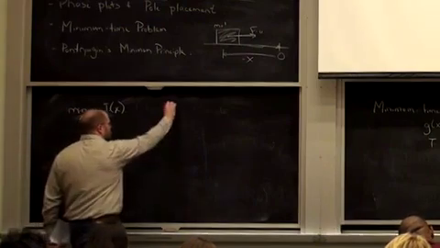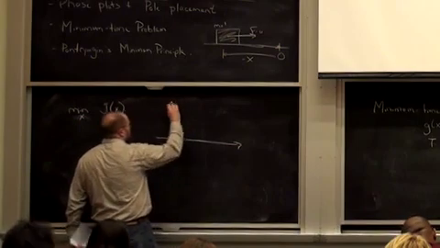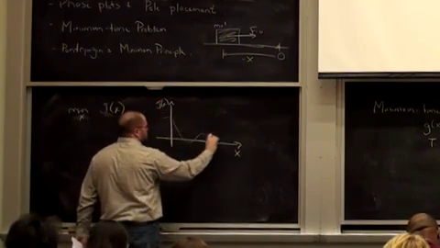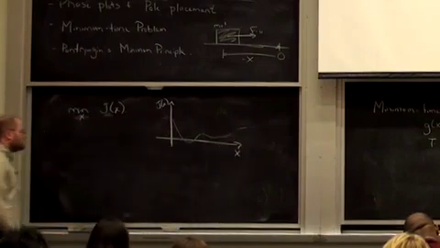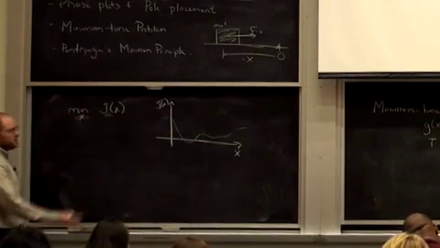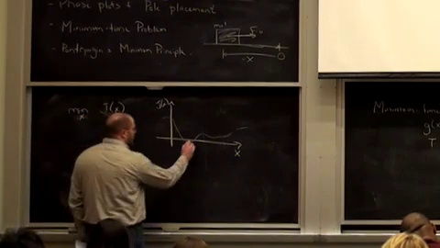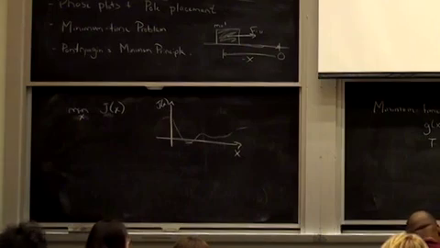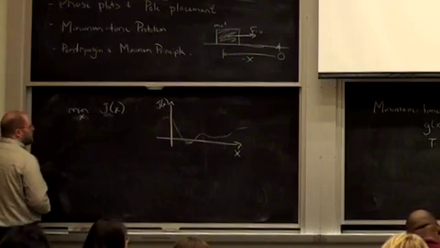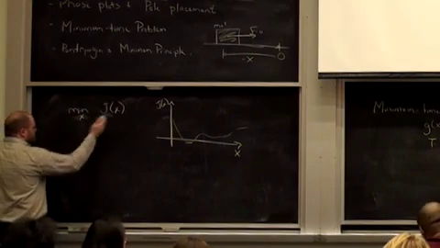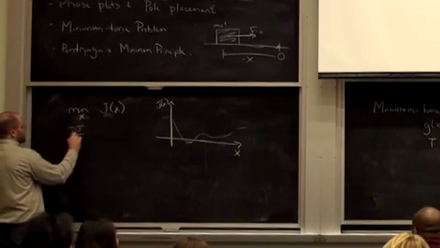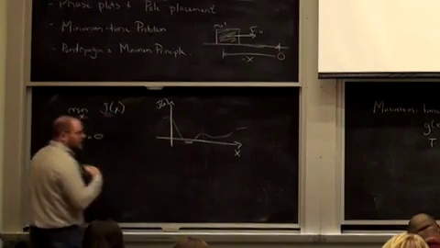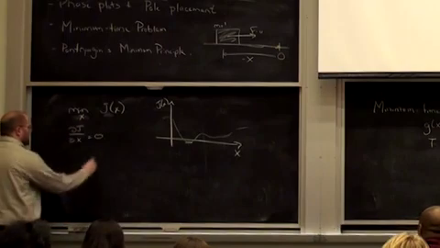If I have some function J of x that looks like this, I want to find the minimum. The necessary condition is that at the minimum, the derivative of that thing better be 0. So I can check by just checking if partial J partial x equals 0. Then I've got a candidate, a necessary condition for a minimum.